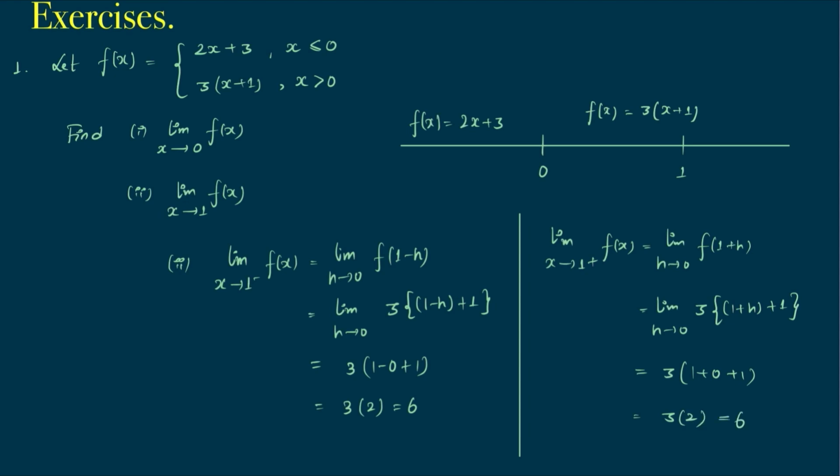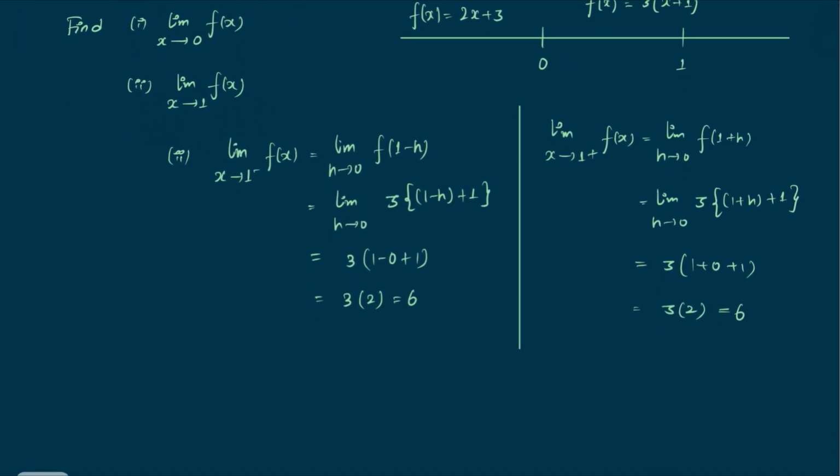Since the left hand limit is 6 and the right hand limit is also 6, the limit exists and the value is 6. So let me write in summary: since left hand limit equals right hand limit and both equal 6, therefore limit x tends to 1, without plus or minus, f(x) equals 6. So this is our answer.